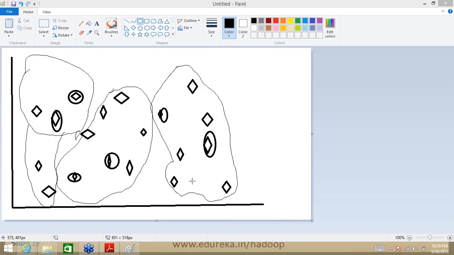So how long will this continue? Again the center will be determined, and rearranging of data points will happen. The process will be repeated until the movement of data points is frozen, or it becomes very insignificant. Then you don't need to continue, because that means the cluster is complete, right?